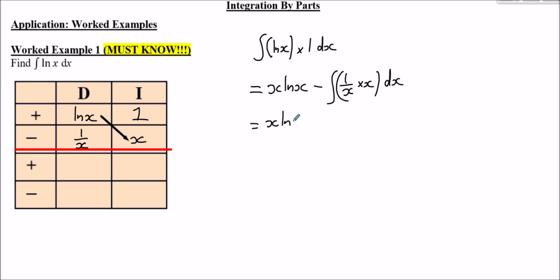So I have x ln x minus the integral of 1 dx. So finally, x ln x, and 1 integrates to x, so I'll get minus x, plus, of course, the constant of integration, plus c. So the final result is this.